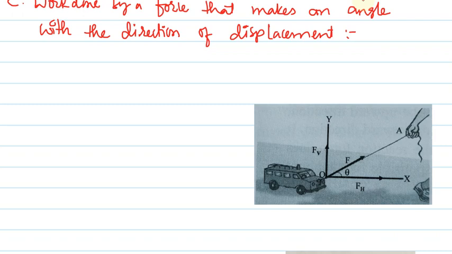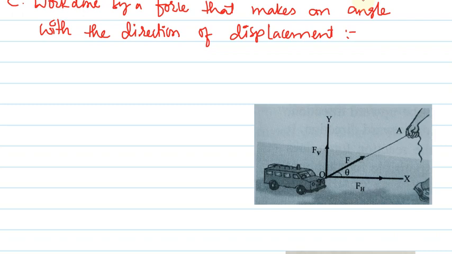In such cases, we cannot use W is equal to F into S to calculate work done, as the displacement S is not exactly in the direction of force applied. Therefore, we need to know the magnitude of force in the direction of motion of the body.